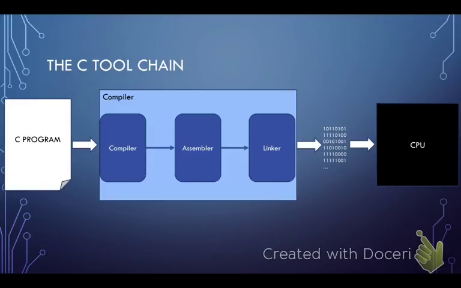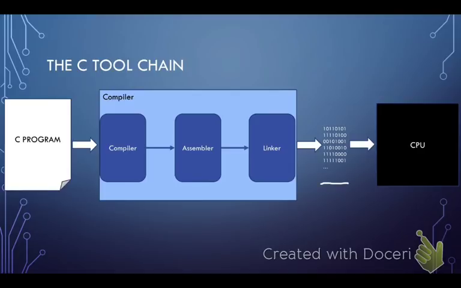So it'll fill in the addresses that are necessary in order for that to work. So the linker is literally linking together those global things like functions so that our programs can execute properly. So when the linker is done, what we will have is this executable set of binary, okay, that the CPU can read.